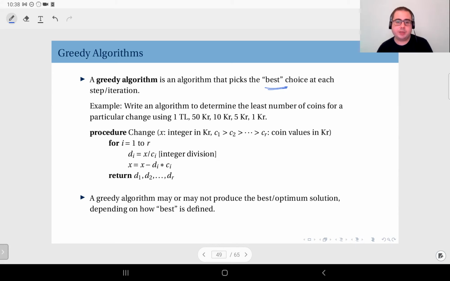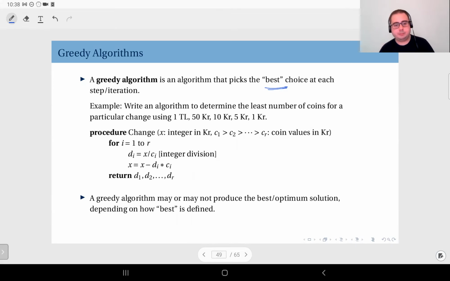If you are trying to minimize something, this choice will be with the minimum value. If you are trying to go towards somewhere, maybe you will choose a direction that is pointing towards that, etc. So depending on the problem, the best choice, of course, would mean a different thing.